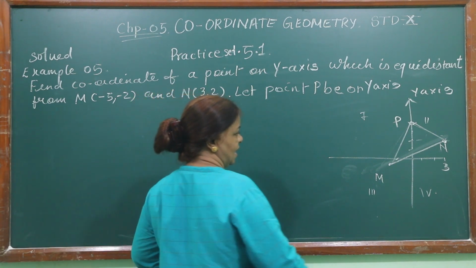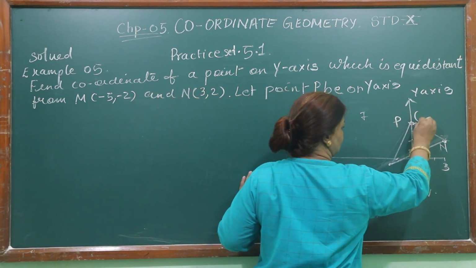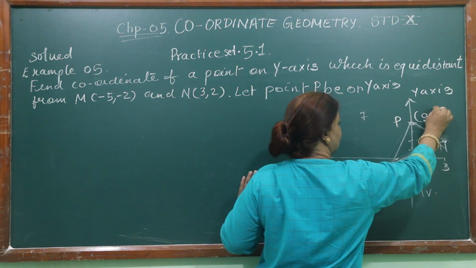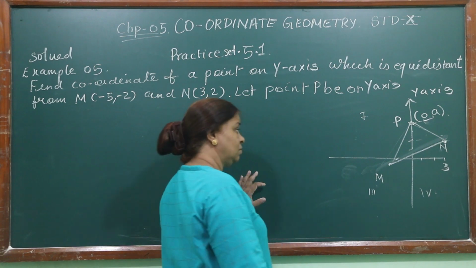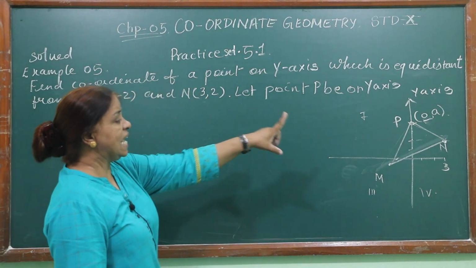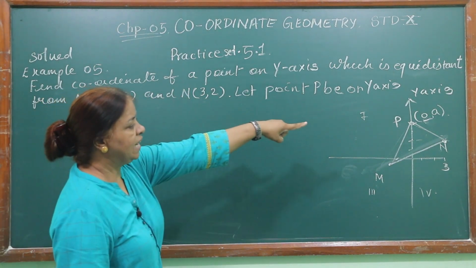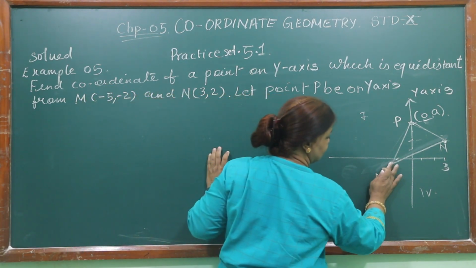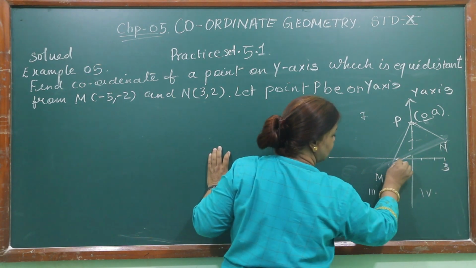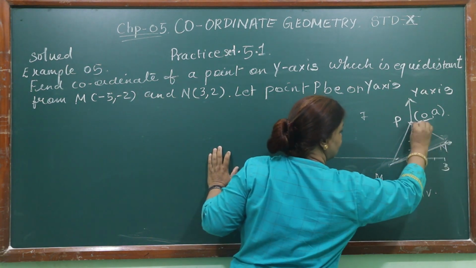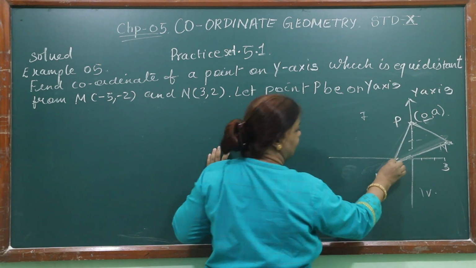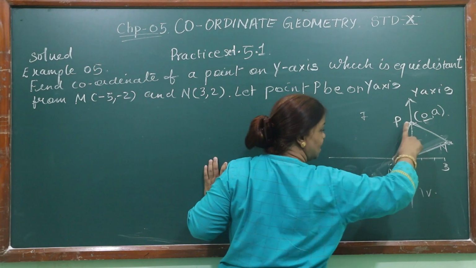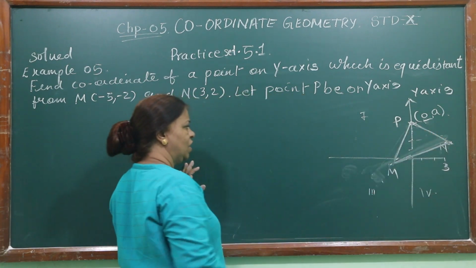So let us say x coordinate is 0 and y coordinate, let it be A. So we need to find out A, the coordinate value. And we know the point P is at equal distance. Equal distance means this length is equal to this length, from point M and point N. So we can do it.